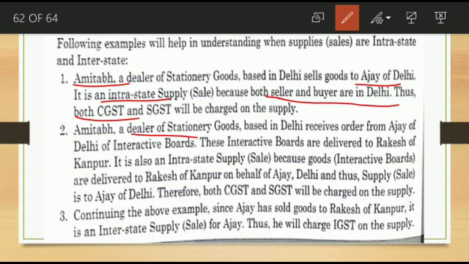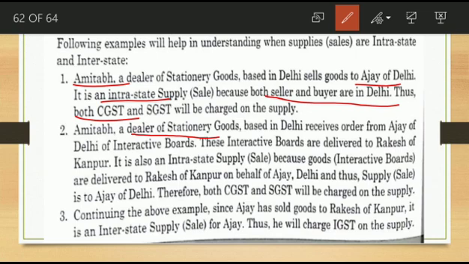Amitabh, a dealer of stationery goods based in Delhi, receives an order from Ajay of Delhi for interactive boards. These interactive boards are delivered to Rakesh of Kanpur. It is also an intrastate supply, because the goods, that is interactive boards, are delivered to Rakesh in Kanpur on behalf of Ajay, who is in Delhi.